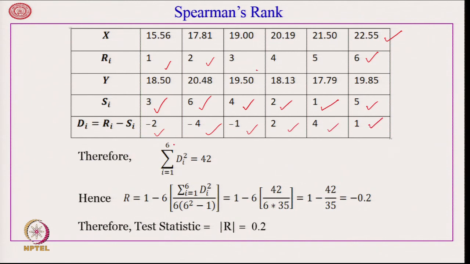Therefore, as we know, we compute sigma di square, which is coming out to be 42, and therefore, the value of r is equal to 1 minus 6 times 42 divided by 6 times 35, that is 1 minus 42 divided by 35, which is equal to minus 0.2. Therefore, the test statistic r is also 0.2, because we take the absolute value of this.